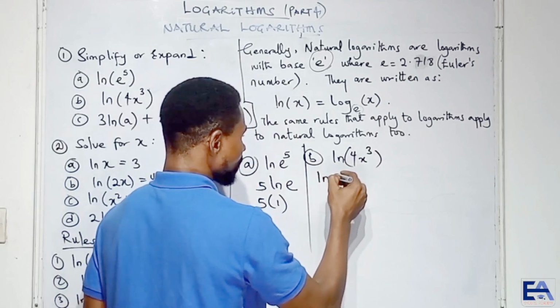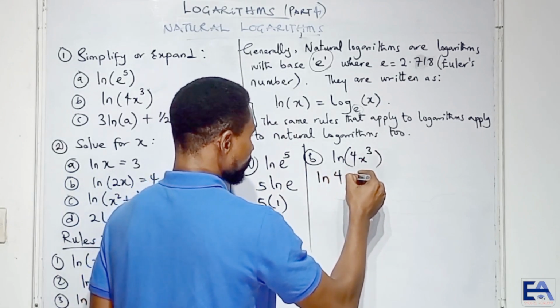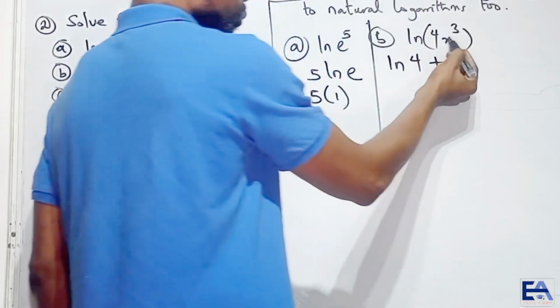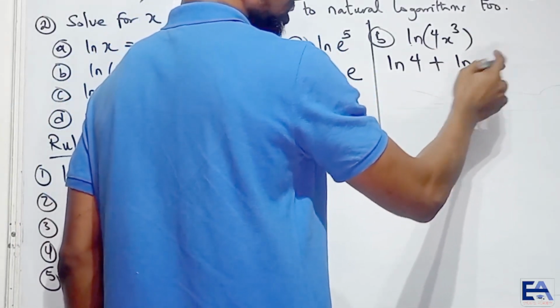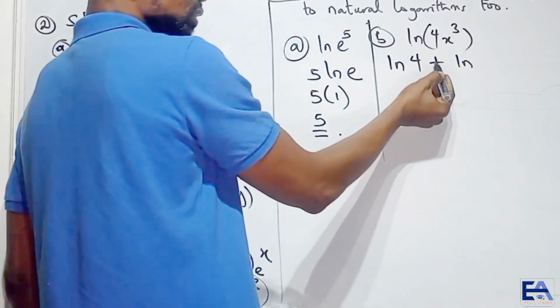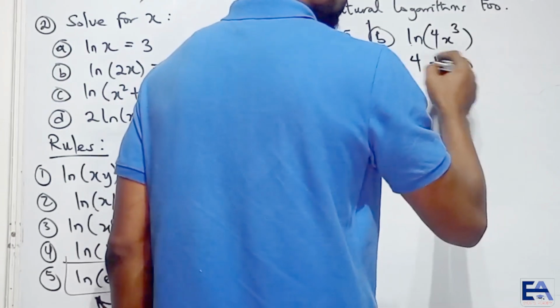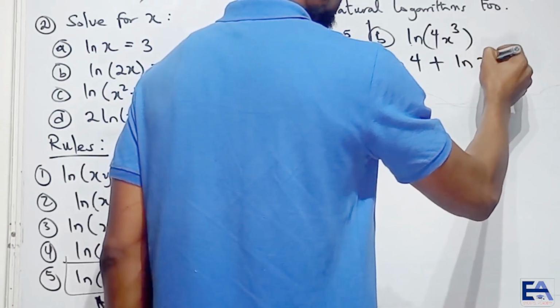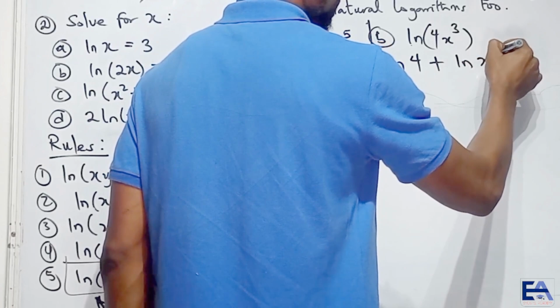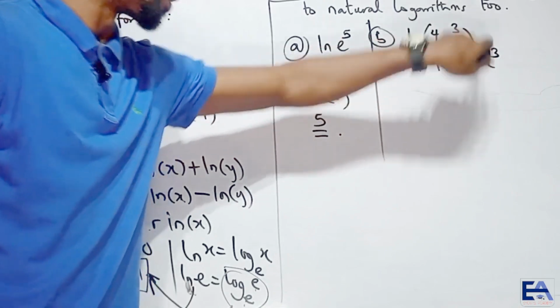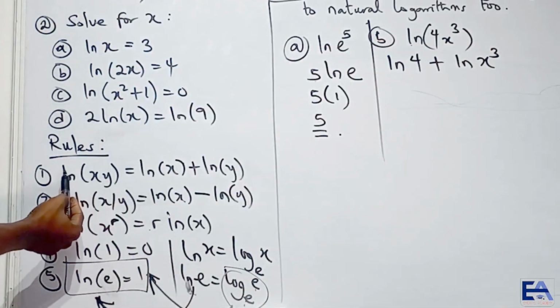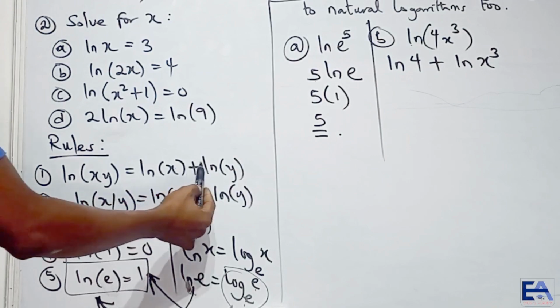The product rule will be ln 4, plus, because they are multiplying, so you share the ln across 4 and x raised to the power 3, but separated with plus according to the law. Then we have ln x raised to power 3. So we have ln 4 plus ln x raised to power 3, according to this law, which says ln xy is equal to ln x plus ln y.